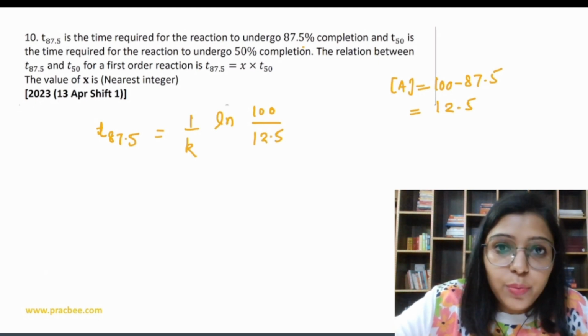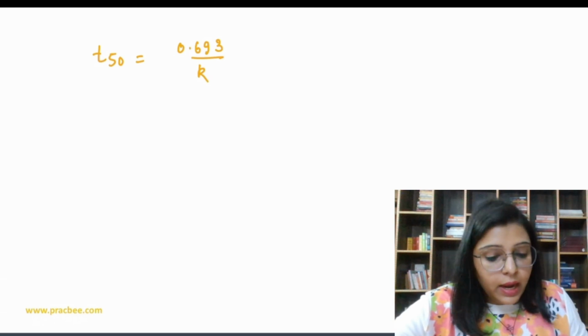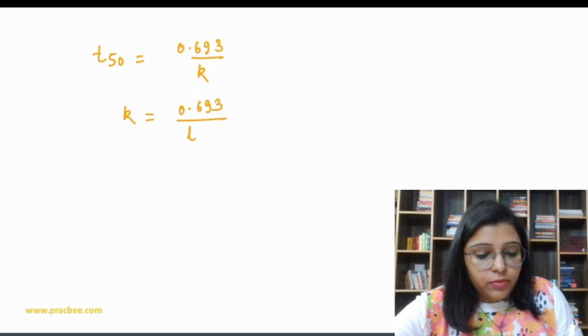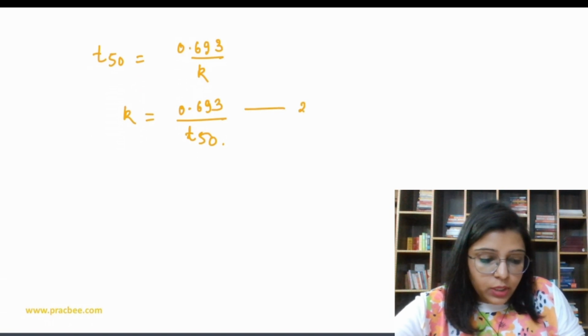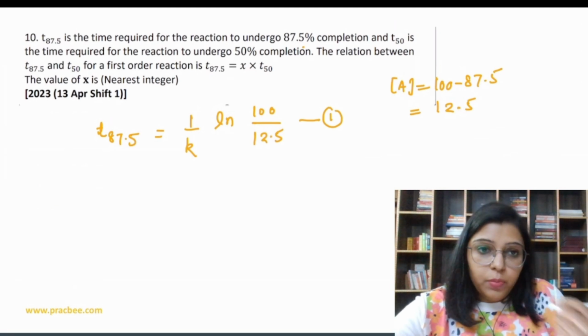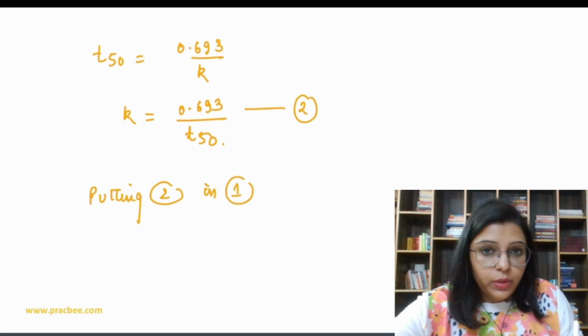Now we have 50% completion. So for 50% completion, that is T50 for a first order reaction, it is 0.693 upon K, right? So we can write K is equal to 0.693 upon T50. This is equation 2. So I am going to put equation 2 in equation 1. So on putting 2 in 1, what do we get?